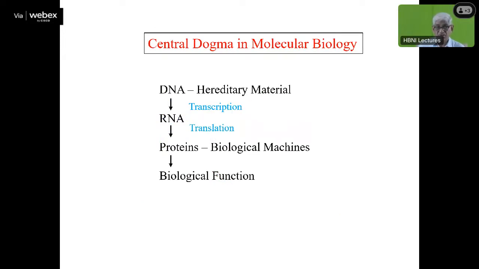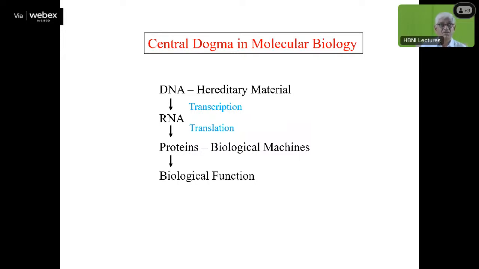Now, there is a central dogma in molecular biology. What is molecular biology? Structural biology is a particular area encompassing the structures. Molecular biology deals with the functions of molecules, and therefore it is called molecular biology. It identifies the function in terms of the molecular architecture and the molecular interactions. The central dogma in molecular biology is represented in this manner.